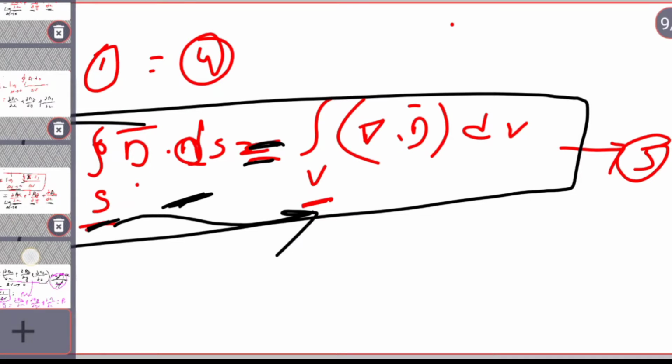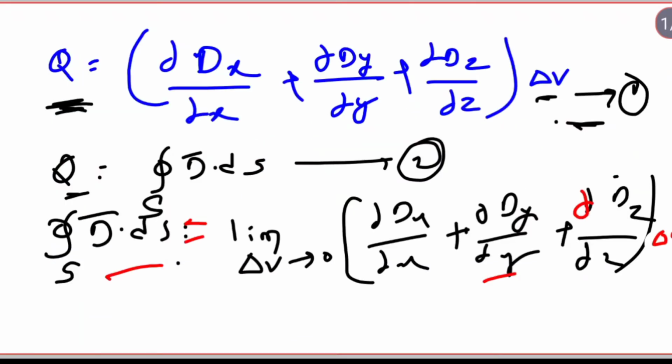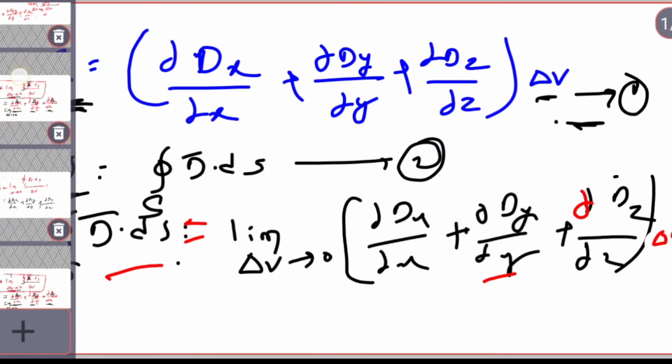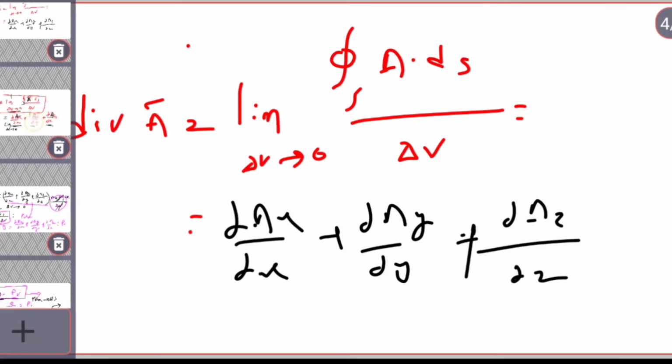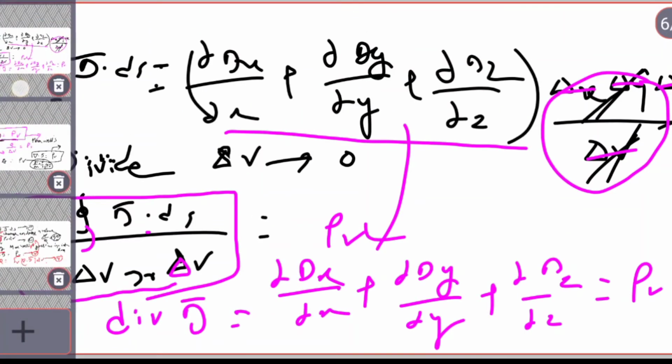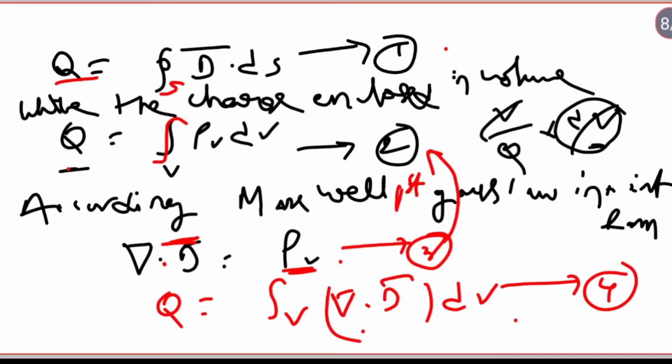How can we obtain the divergence theorem? Let us see. We obtained it for a differential volume element previously. First, according to Gauss law, the total charge enclosed in any closed surface equals the surface integral D dot ds.